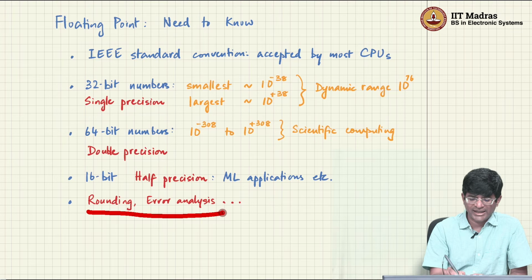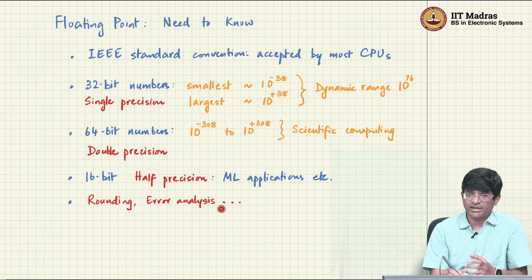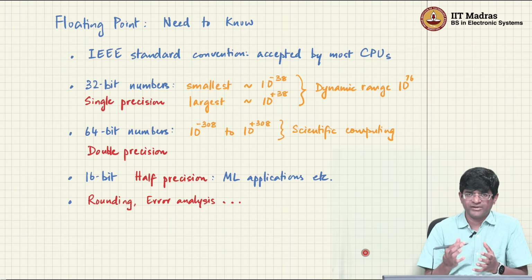So this kind of rounding and error analysis is something that as a programmer, especially if you start looking at numerical programs, you need to be at least aware of the fact that floating point can in turn have errors, right? These are not the abstract numbers that we deal with in math. These are very physical numbers with a finite representation, right?